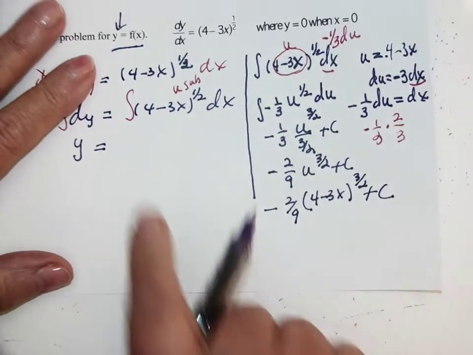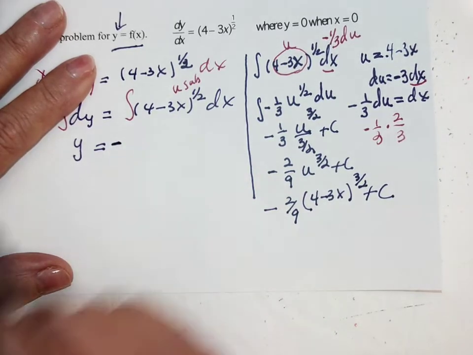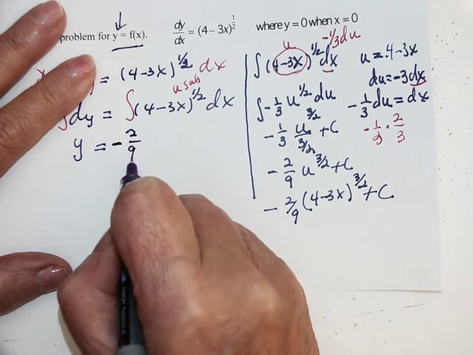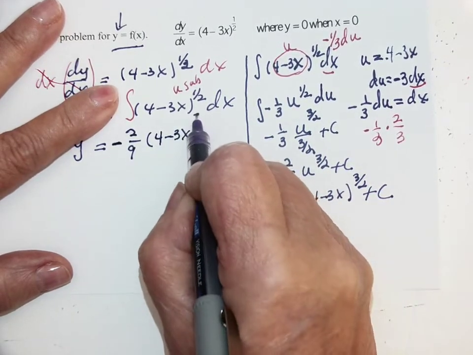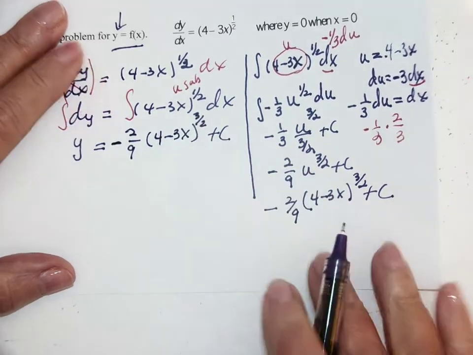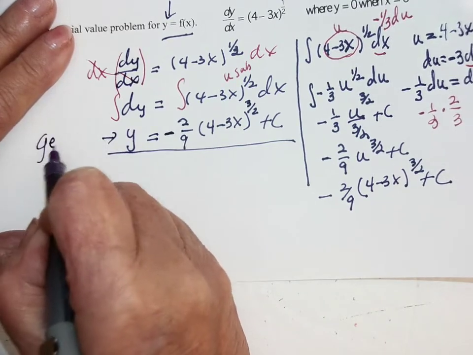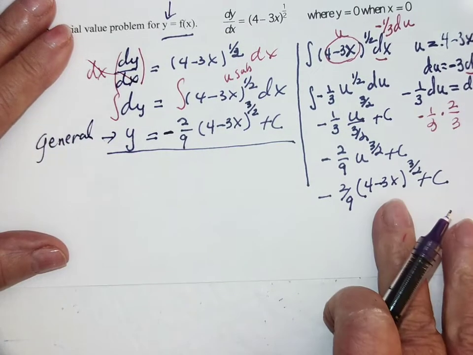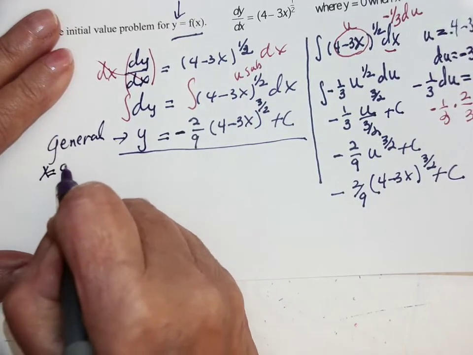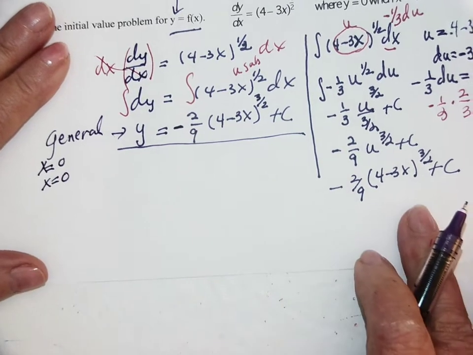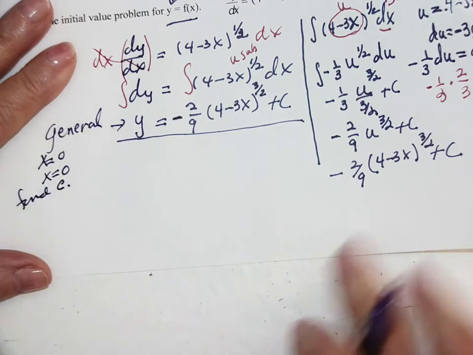So that's what goes over here, that's what this integral is. This is what makes this problem such a pain. Now, this is the general solution. I need to find where x equals 0 and y equals 0. In other words, I need to find c.